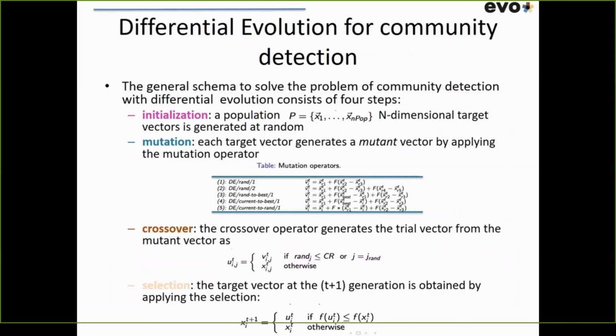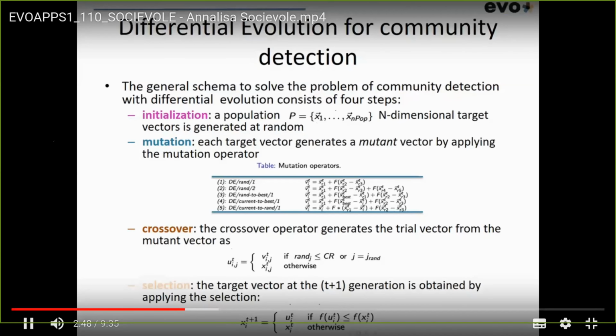The initialization step, where a population P of n-dimensional target vectors that represent the individuals are randomly generated. The mutation step, where each target vector X generates a mutant V, applying a certain mutation operator. Several operators have been defined so far. Some of them are listed in the table, as you can see.